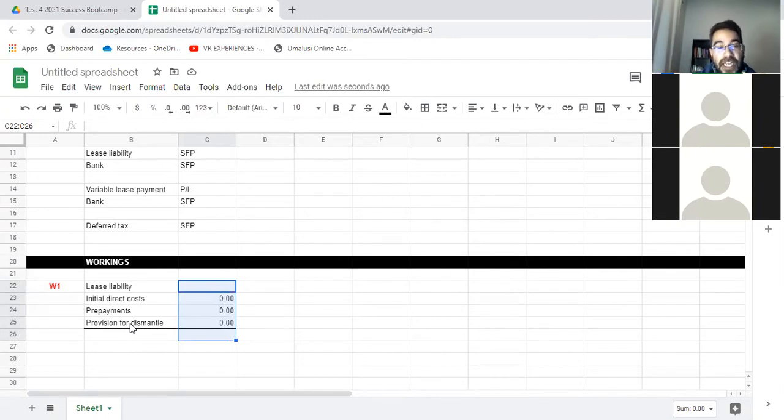Automatically, because your brain knows those 4 components, when you are reading, it's going to pick up that there's only a lease liability and you don't have anything else. But if you have not trained your brain to think in that way, it's not going to pick up. Then it expects you to use your conscious mind to do all the necessary thinking. And that is why you're also losing out on time in the exam.